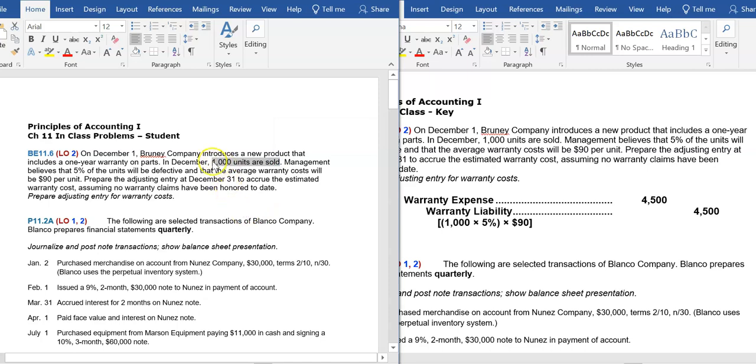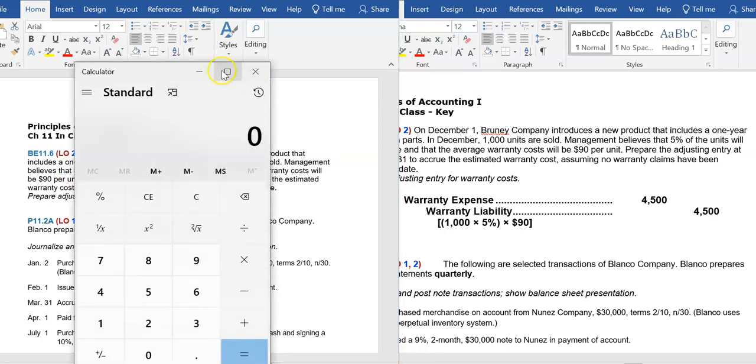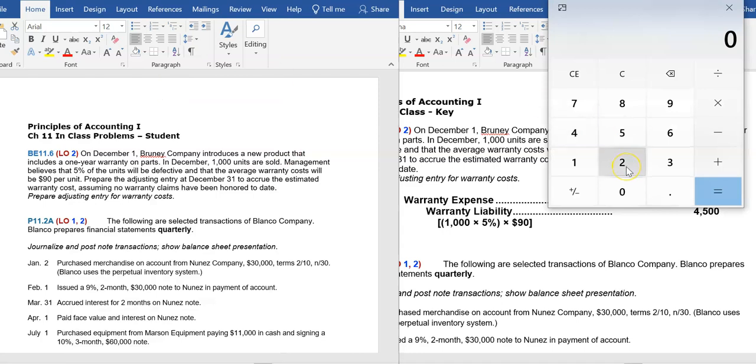Okay, which essentially means that if 1,000 units are sold in December, and 5% of those units are expected to be coming back in warranty, the 1,000 units times 5%, we expect 50 units that were sold to be returned under warranty for repair.